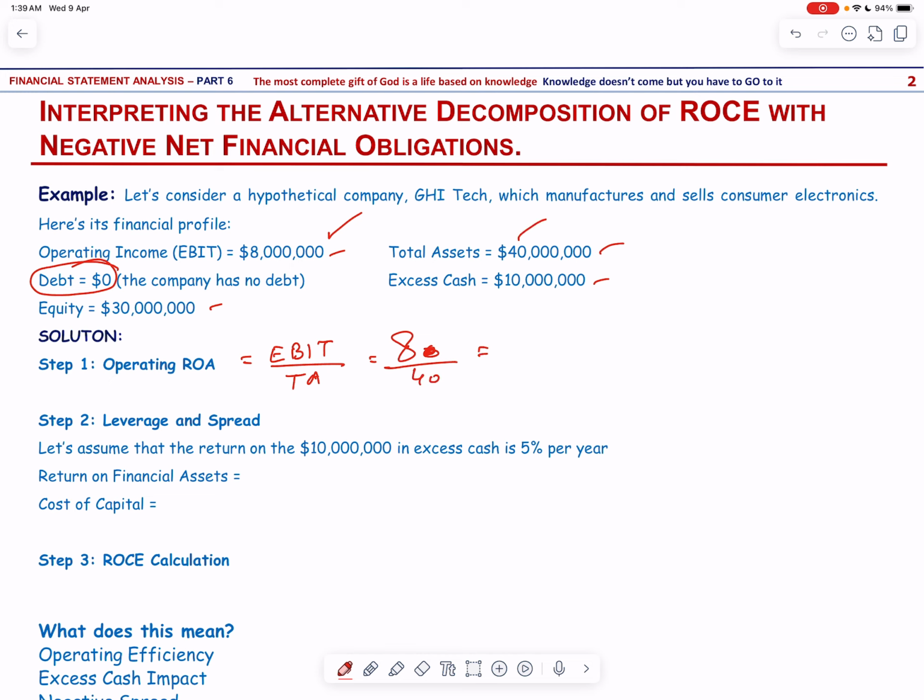So if you calculate, this is going to be equal to 0.20, or we can say 20%. So operating ROA is 20%. This means that the company generates a return of 20% on its assets from its core operations.